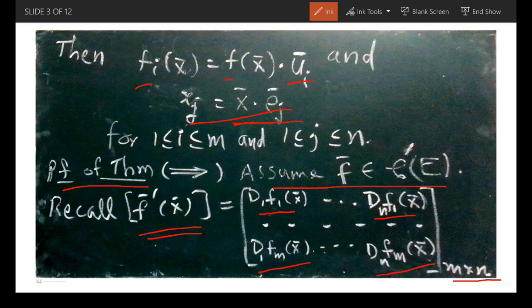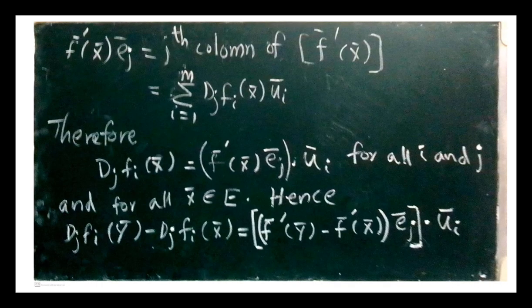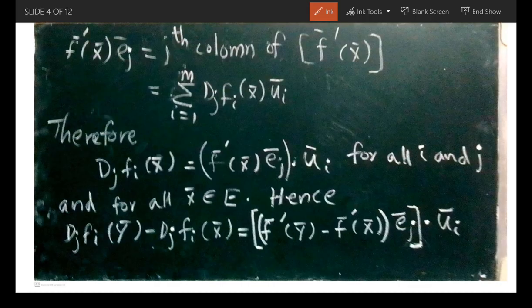Given a matrix like this, what is its jth column? It is precisely that linear transformation applied to ej. So f'(x) ej is equal to the jth column of f'(x).